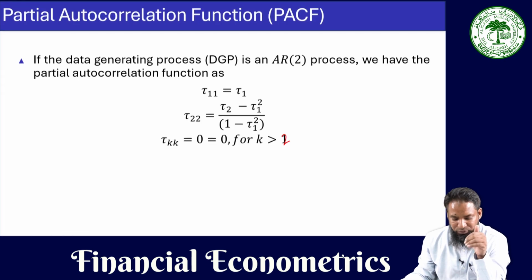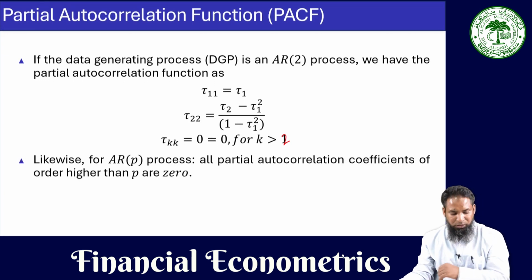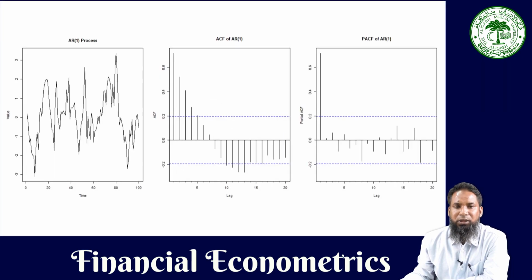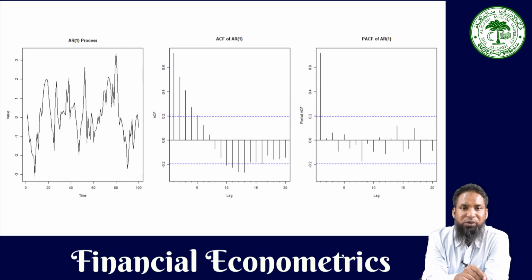If, for an AR process, the partial autocorrelation function becomes 0 after lag 3, that means the order of that autoregressive process should be considered as 3. Similarly, for an AR(p) process, all partial autocorrelation coefficients of order higher than p are 0.